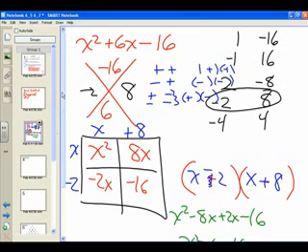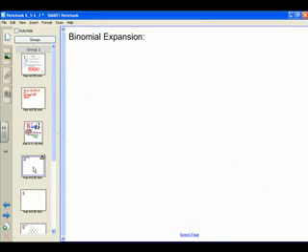All right? So, let's continue to binomial expansion. There's going to be some more practice with section 6.5 on doing those ones. But we're going to do some notes here on page 6.7.